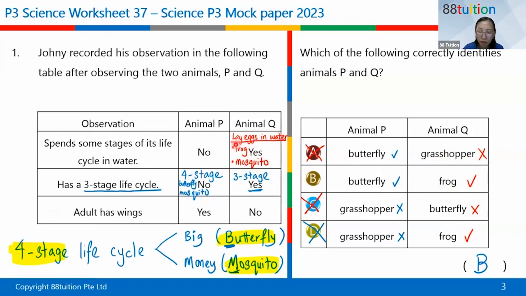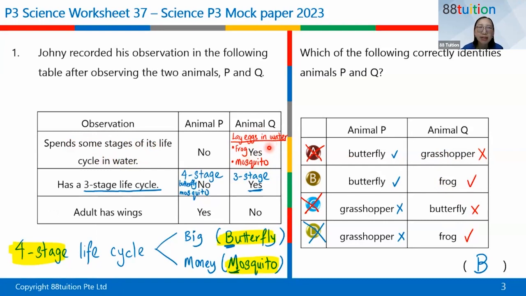All right, so because I know frog and mosquito lay eggs in water, that means frog and mosquito will spend some stages of its life cycle in water. When the frog eggs hatch, then the tadpole will live in the water. When the mosquito eggs hatch, the mosquito larva will live in the water. You must remember, the frog eggs and mosquito eggs are laid inside the water.